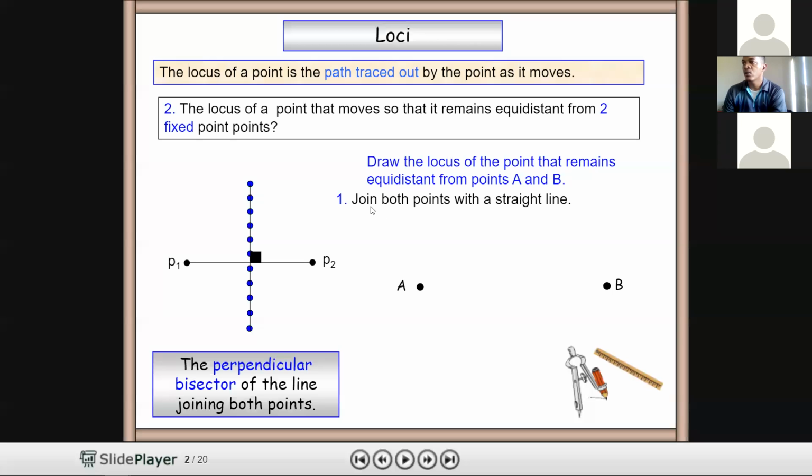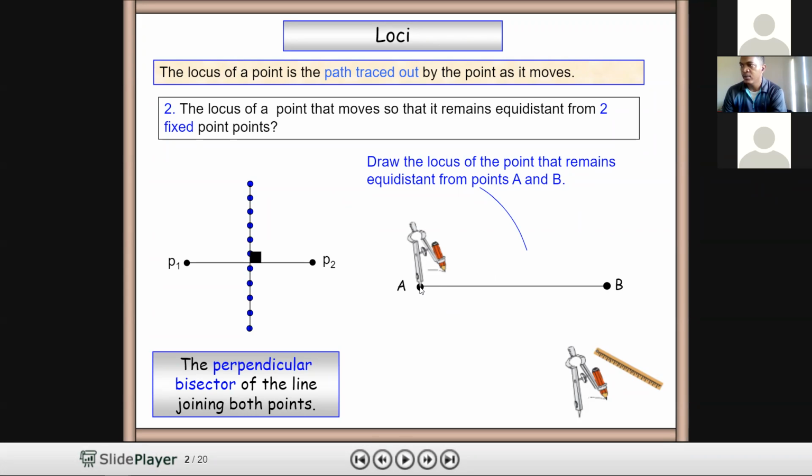If you have to draw a locus, that means join the points first with a straight line. It's like one of the questions we did last time, where we had to join point A to point B. You have to draw it in. First we draw that line, and then you place the compass on the first point.